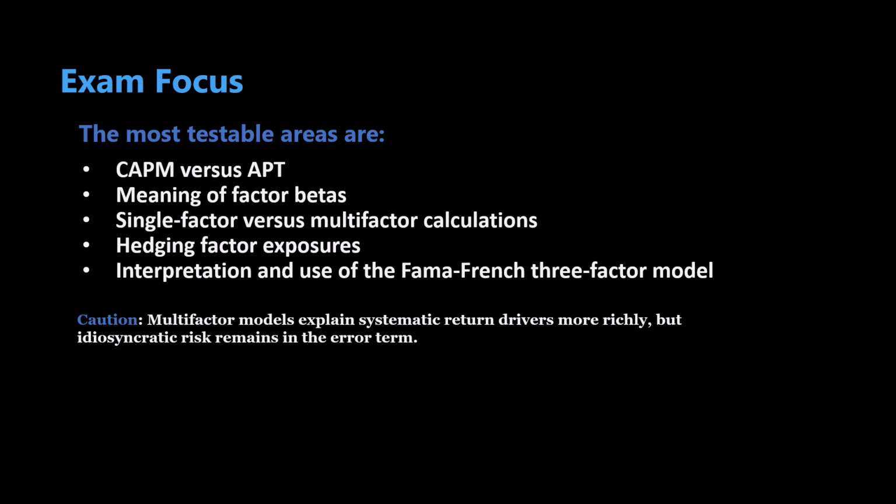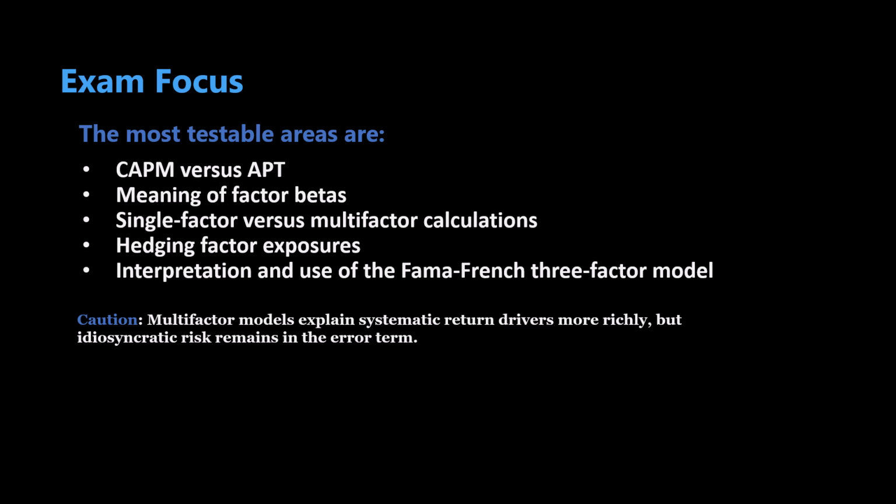A very common exam trap is to confuse systematic risk with idiosyncratic risk. Multi-factor models explain returns through common drivers such as GDP growth, inflation, or size and value effects, but they do not explain everything. The unexplained component remains in the error term, and that residual risk is idiosyncratic.